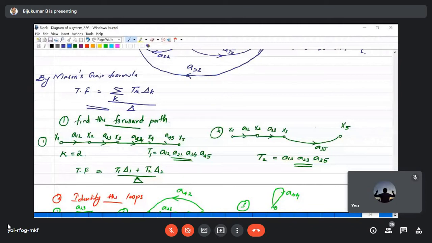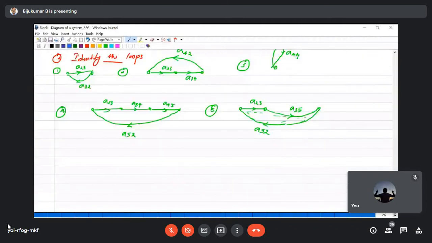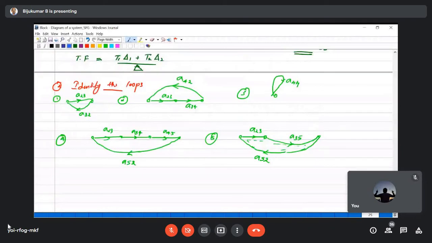Next we have seen how many loops are in the given problem, and we have identified that there are 5 loops, right? So next step is what? We have to find the loop gain. For the first loop, let it be L1, which is equal to the gain product of the corresponding path gains, that is A23 multiplied by A32.